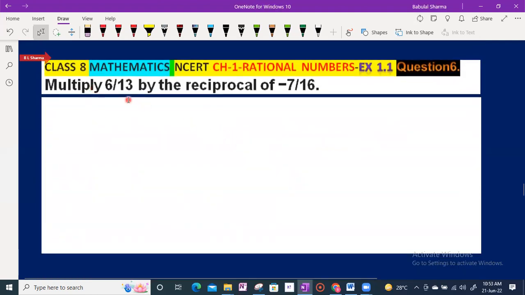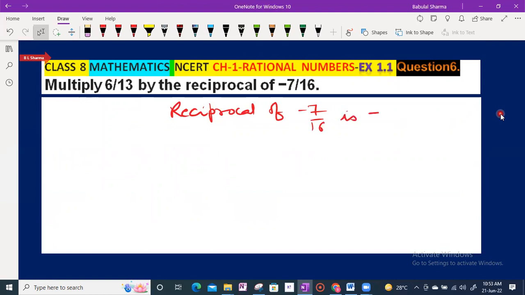Multiply 6 by 13 by the reciprocal of minus 7 by 16. We know the reciprocal of minus 7 by 16 is minus 16 by 7.